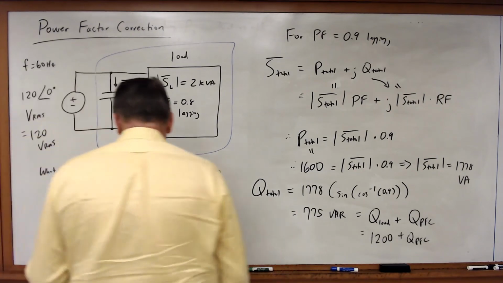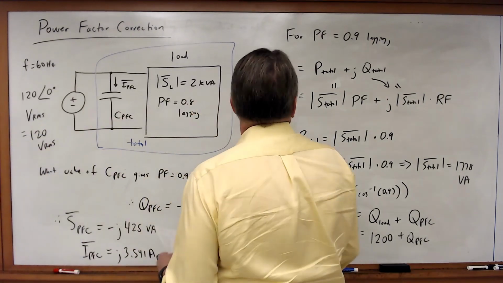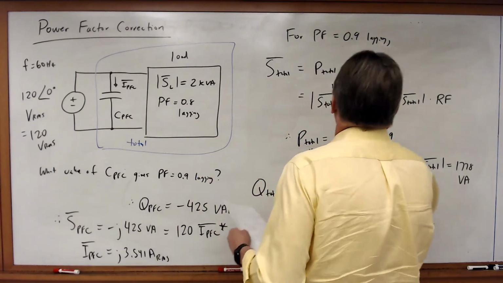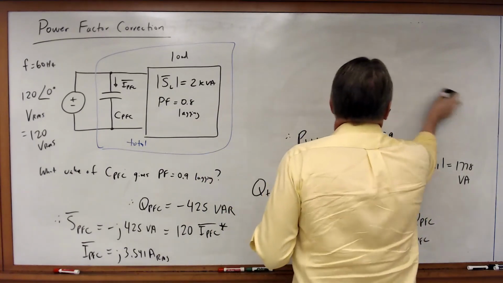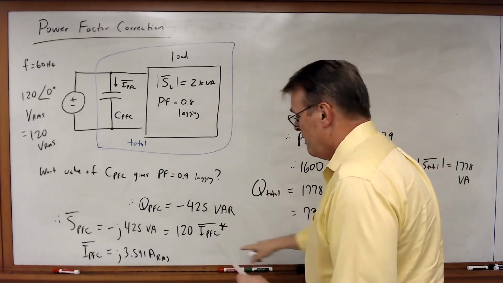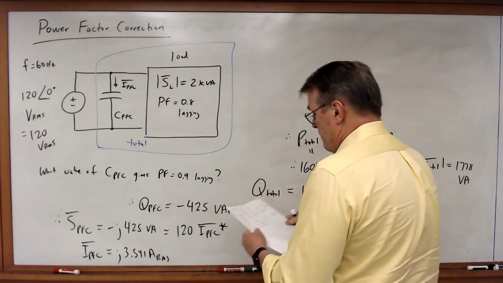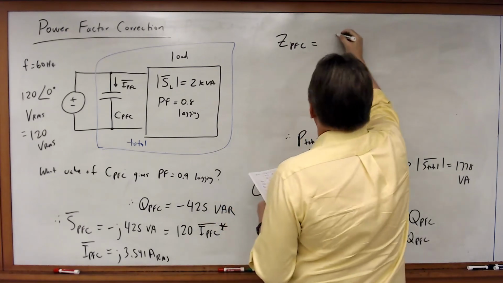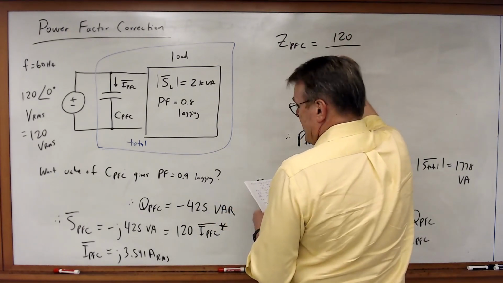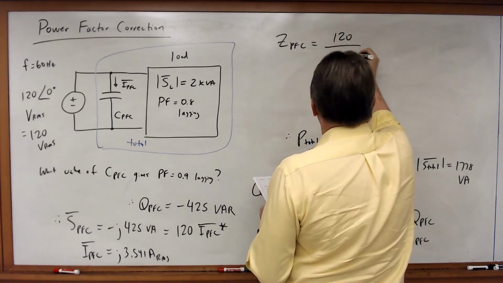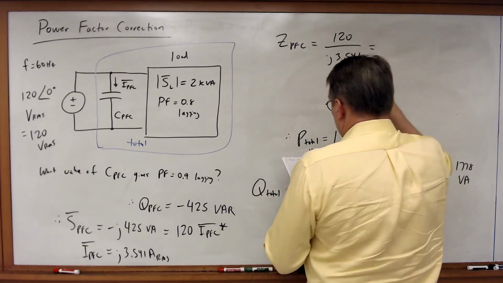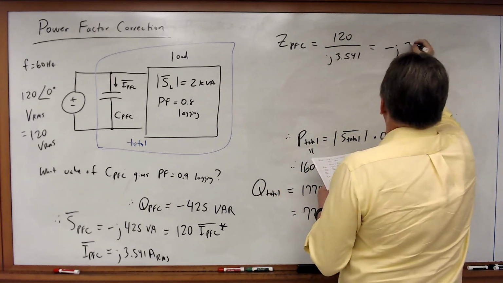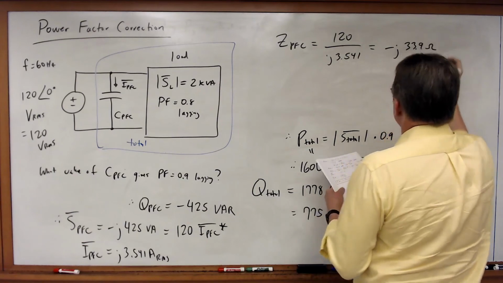And from here, I can now calculate the capacitance. First of all, I can calculate the impedance. So ZPFC is equal to 120 over j 3.541, and that will be equal to minus j 33.9 ohms.